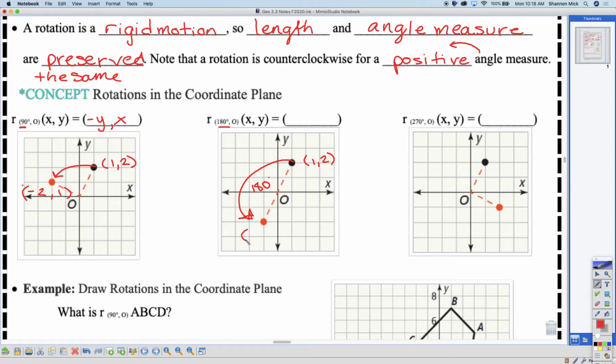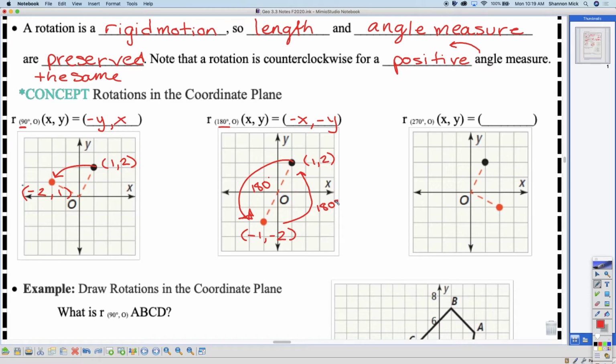Negative 1, negative 2. So what happened? Negative x, negative y. So if I rotated it another 180 degrees, which would be a total of what? 360. I get back to 1, 2.